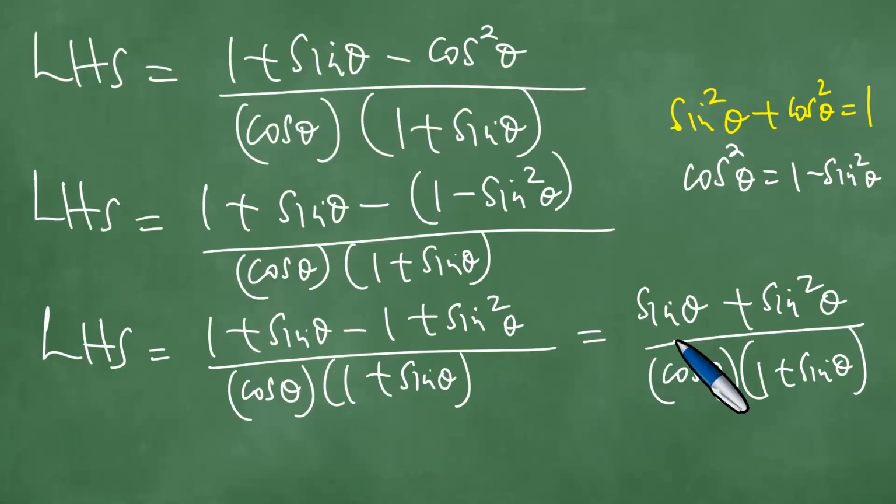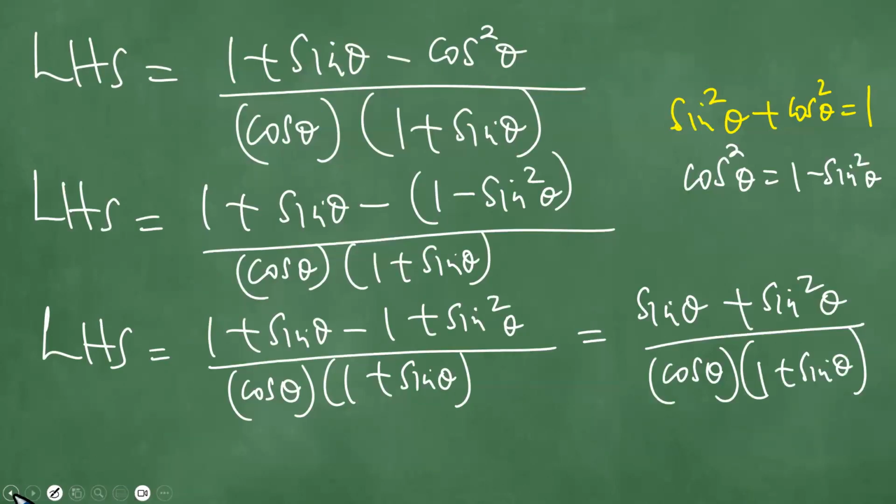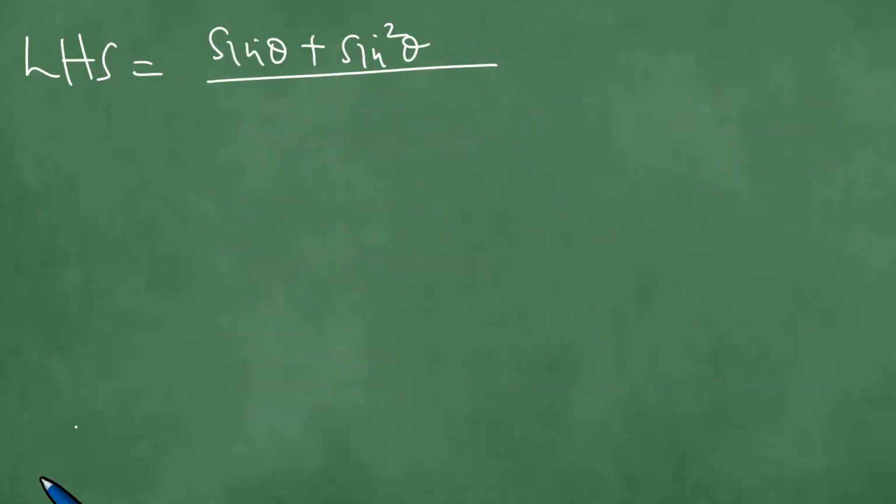The left-hand side is the same as, so at the top, we have sine theta plus sine squared theta. In the denominator, we have cosine theta into 1 plus sine theta.